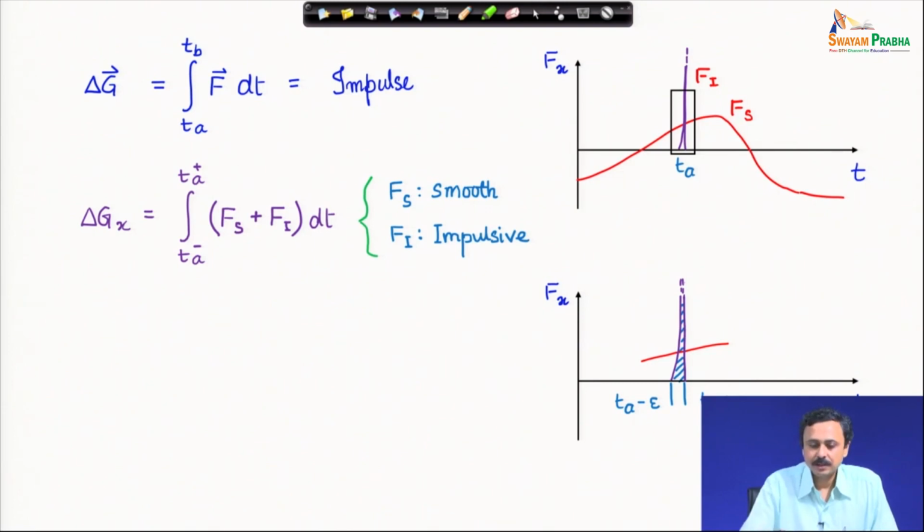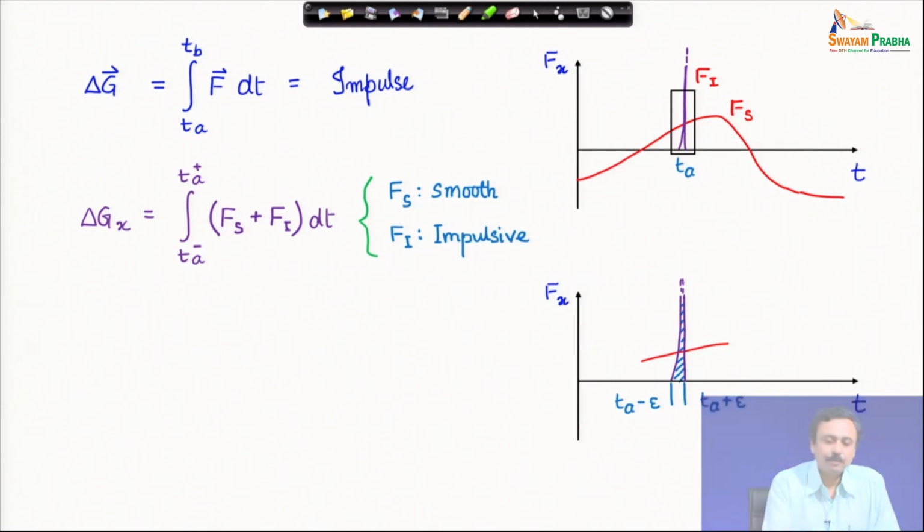For example, here I have written this relation when two kinds of forces are acting: smooth forces F s and impulsive forces F I. The smooth force is shown by this red curve, whereas the impulsive force is shown by the purple curve. As you can see, the impulsive force acts for a very short time at a location.